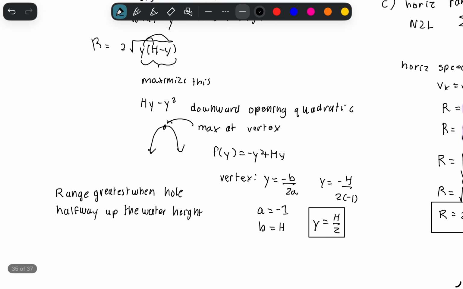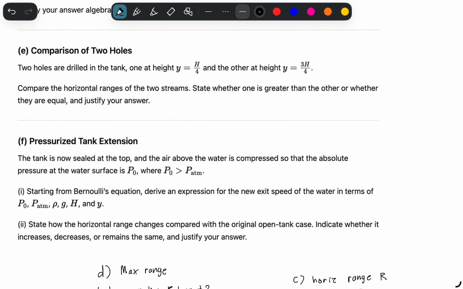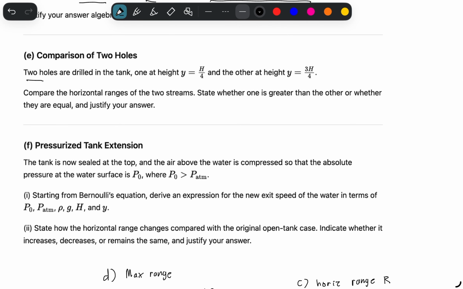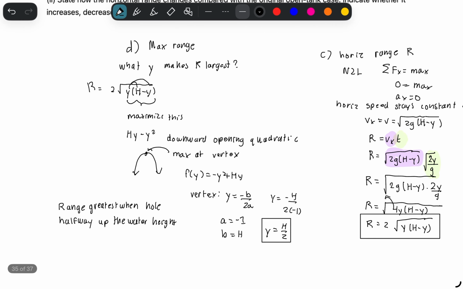Now, for part E, we're asked a comparison of two holes. Two holes are drilled in the tank, one at y equals h over 4, and one at y equals 3h over 4. Compare the horizontal ranges of the two streams, state whether one is greater than the other or whether they're equal, and justify your answer.